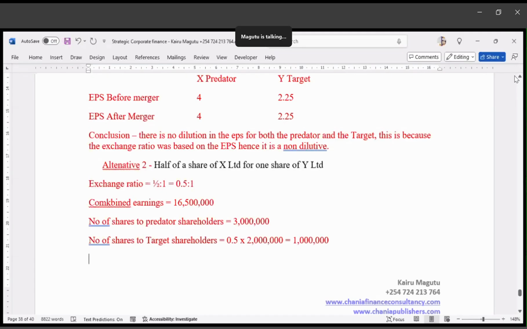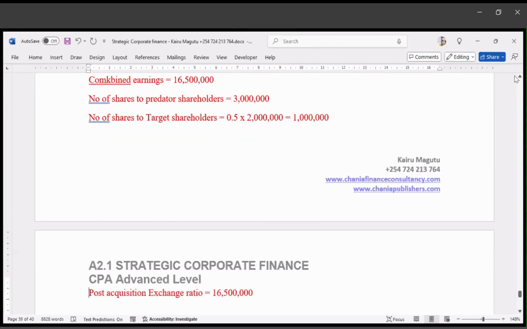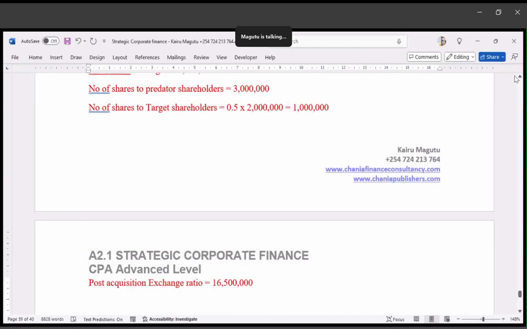So can we therefore determine the post-acquisition EPS, which is equal to 16,500 divided by the number of shares, 3 million plus 1 million.